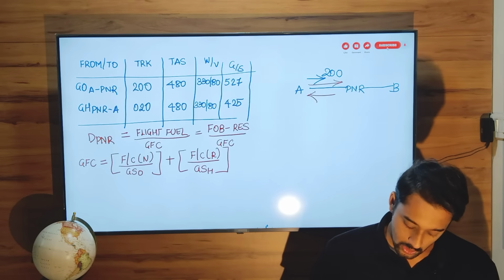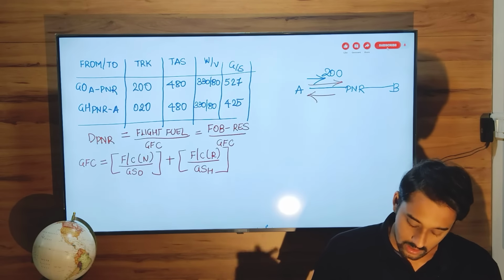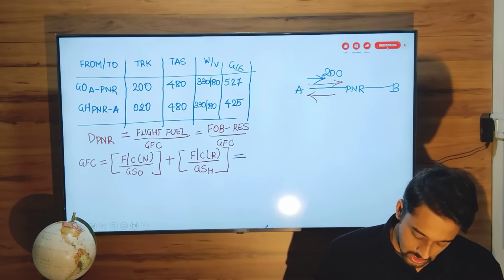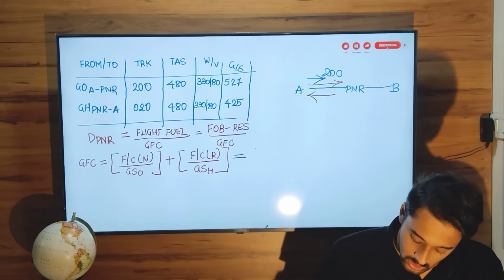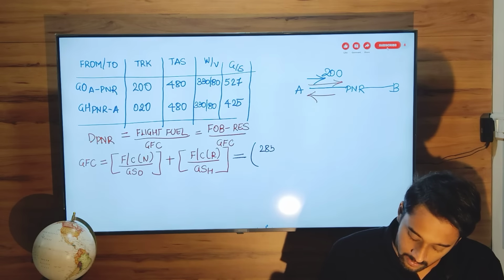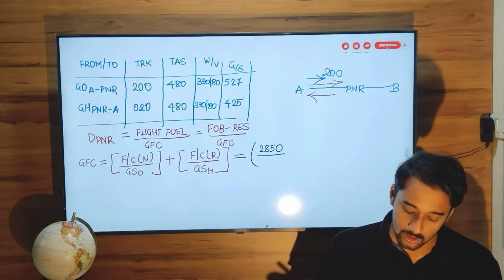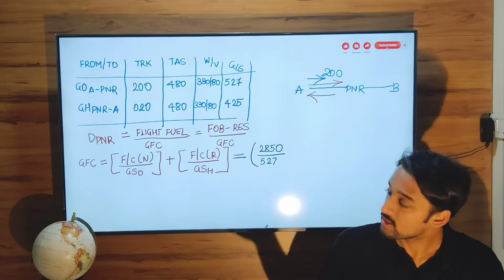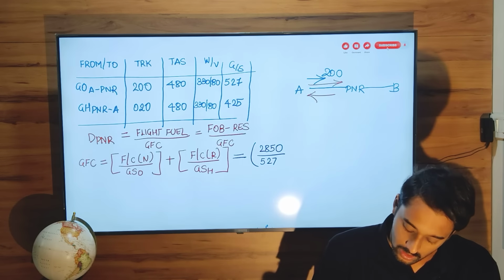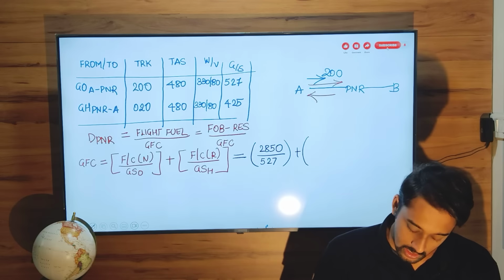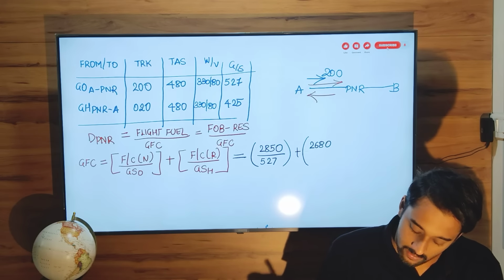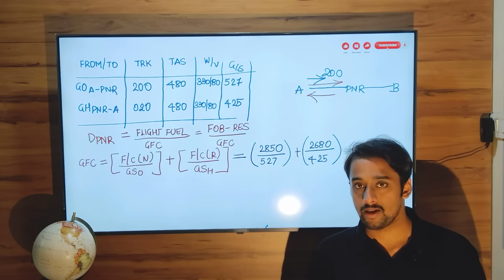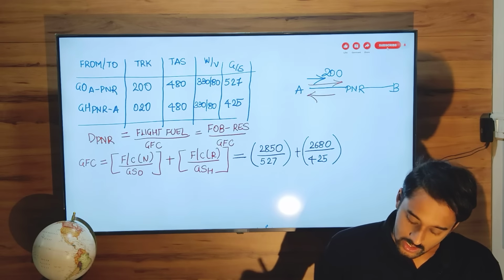So that is equal to, normal fuel consumption rate is how much? 2850. So 2850 divided by ground speed outbound, 527, plus reduced fuel consumption rate 2680 divided by homebound 425. Okay, just like the previous sum, we are doing this sum.